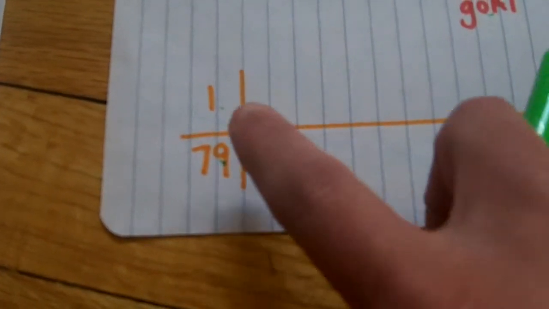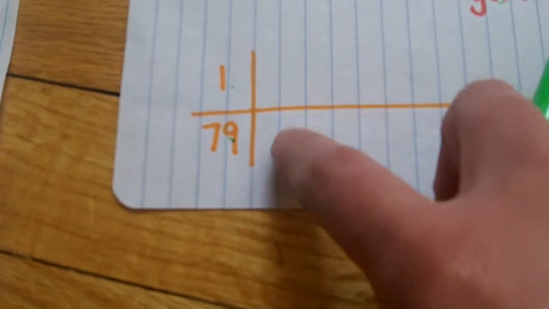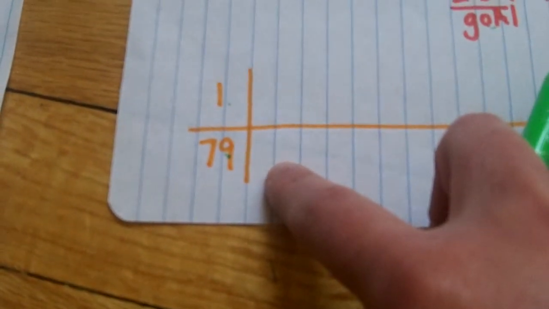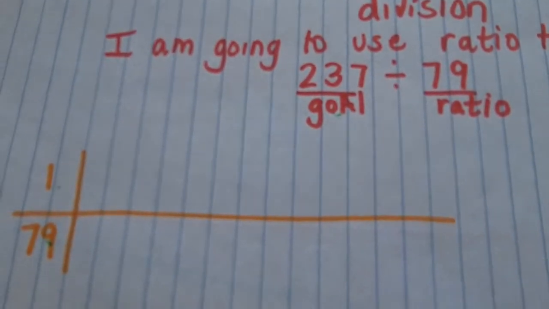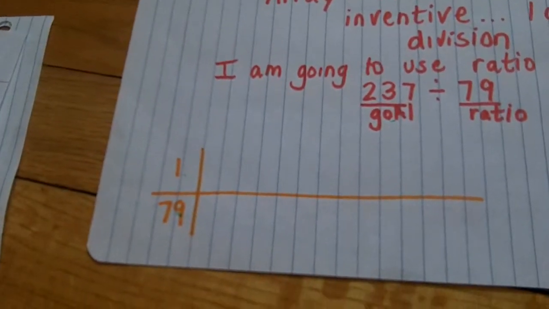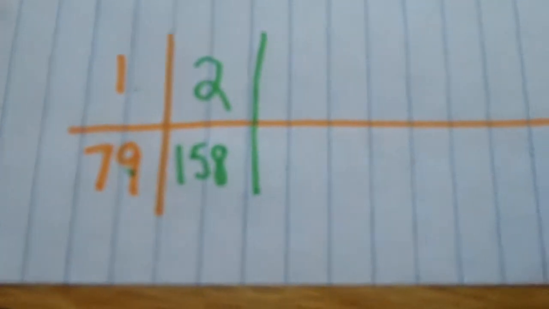237. Now, I can't go by multiples of 10 because if I increase this to 10, that would come to 790, which is way over my goal of 237. So unfortunately, I'm probably going to have to go by ones. If I increase by 2, or double, I'm going to get a total of 158. I'm close to my goal of 237, but not really that close.